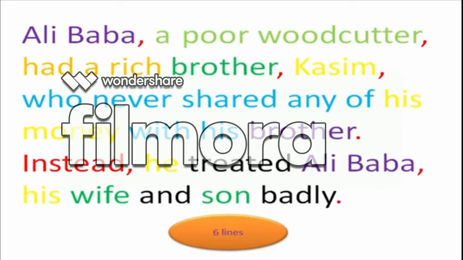Ali Baba, a poor wood cutter, had a rich brother, Qasim, who never shared any of his money with his brother. Instead, he treated Ali Baba, his wife and son badly.